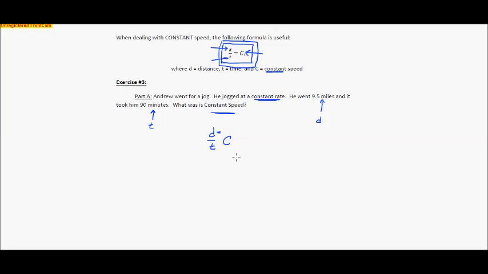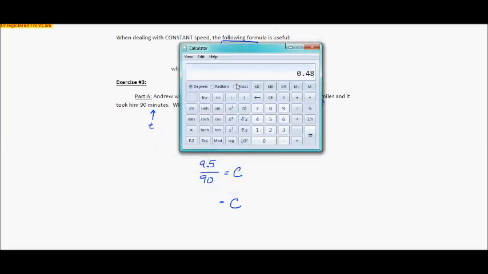Let's plug in the numbers here. So for D it's 9.5, and for T it's 90 minutes. And they want to know what our constant speed is. So let's just divide 9.5 by 90. So that would be 0.105, and you see these 5 repeats. So I'm just going to round it to the nearest tenth here.